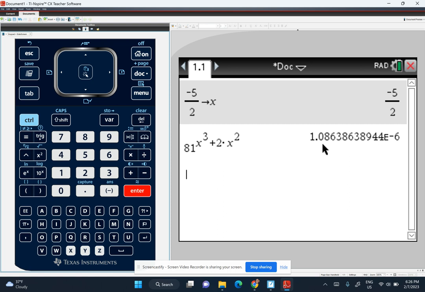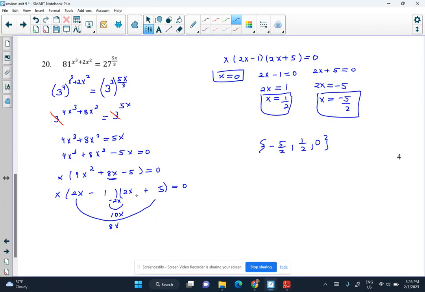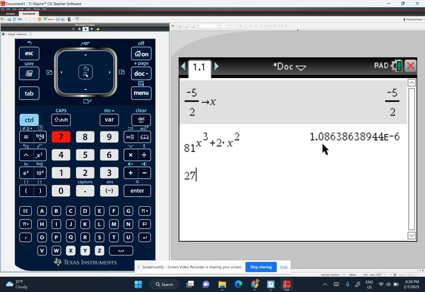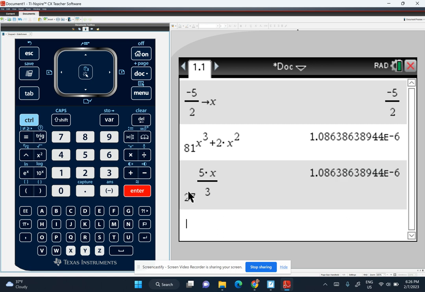And that gives me a crazy looking number. And now I'm going to do 27 raised to the 5x over 3. So 27 caret, control division, 5x over 3. And you get that same crazy looking number.